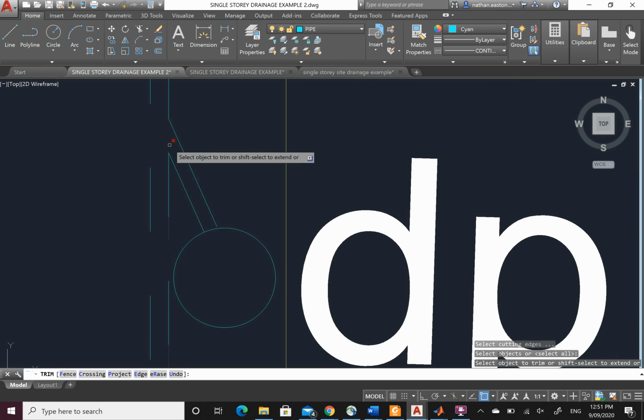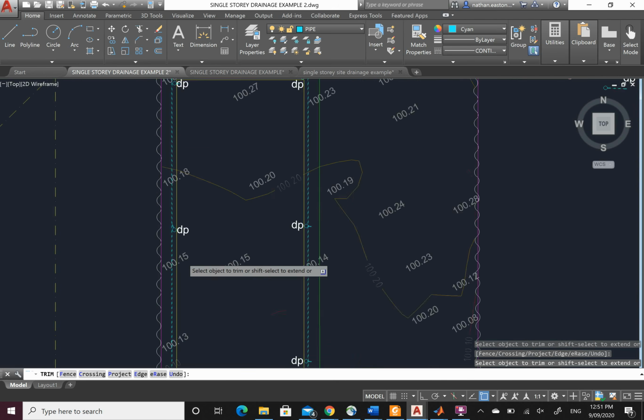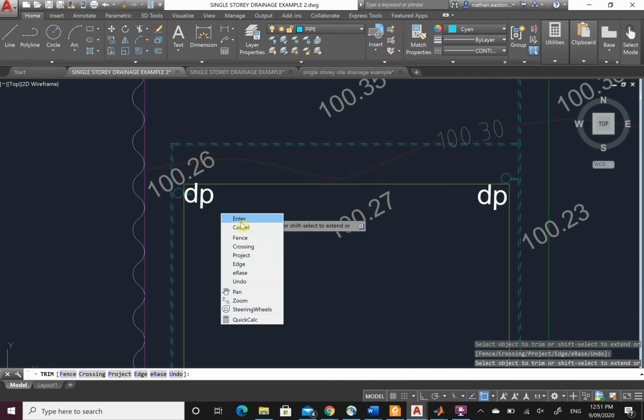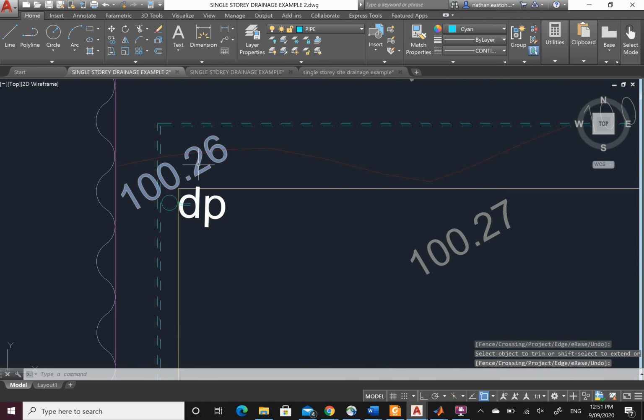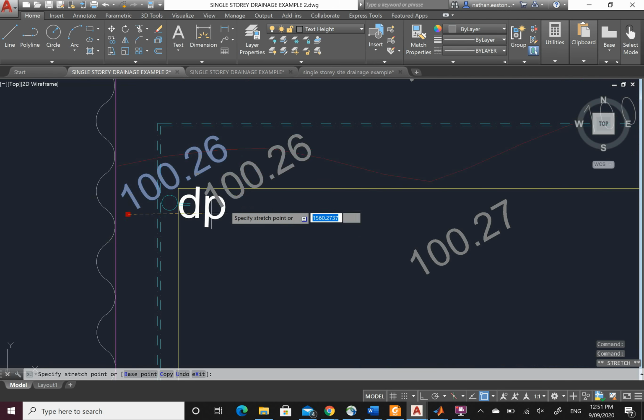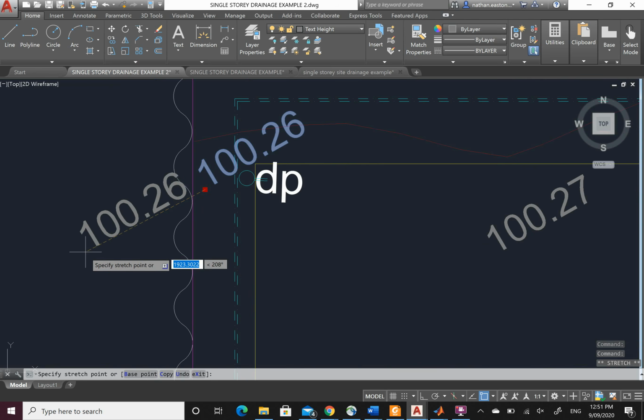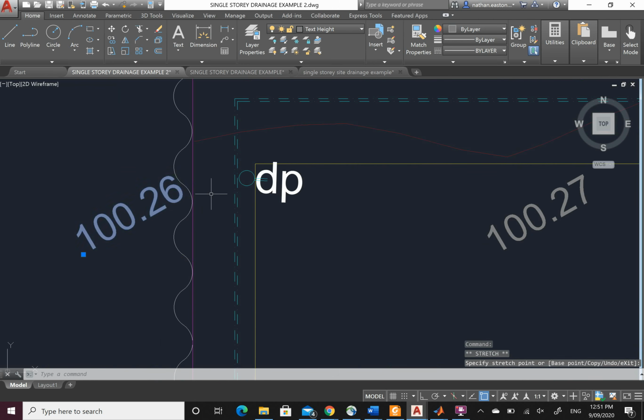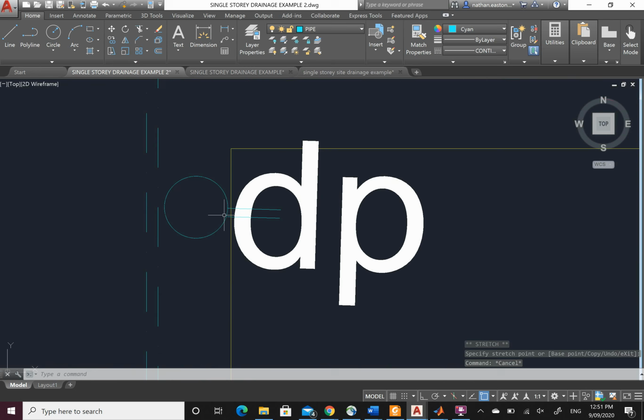Trim in between it to there. Same thing here. Now this is kind of in the way, so let's move it to the other side, to here. We can still use that as a reference spot level for this point, so don't stress.